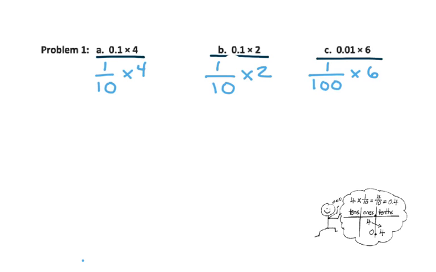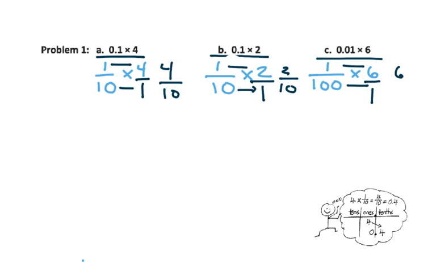So if we look at multiplying by a whole number, we know that we put the whole number over 1 and multiply. So I would get 4/10. Here I would get 2/10, and here I would get 6/100ths.